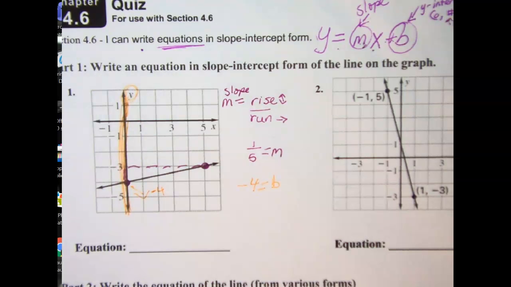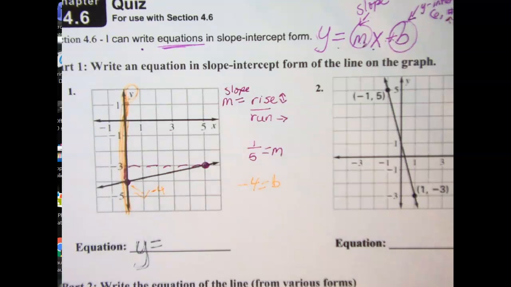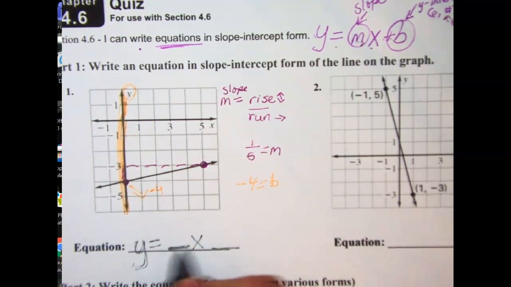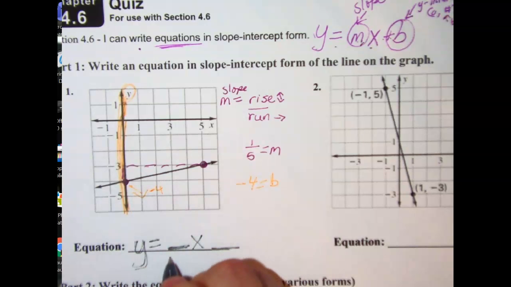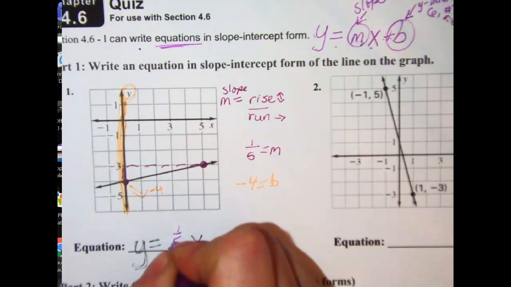So now I have the two things I need for an equation. I always have y and equals something x and then plus or minus something else. We fill in my m. We fill in my b. Since we just found the slope, the rise over run, I'm going to put in the 1/5.